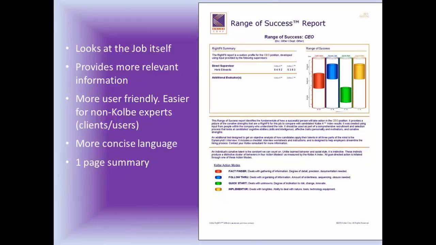So the first changes that I want to talk about are with the range of success reports. What we've done is we've reorganized and rewritten them a little bit to make the information more relevant, especially here for the people who aren't Colby experts.